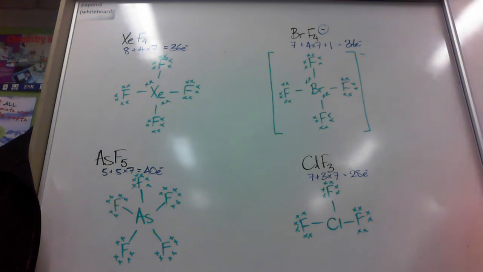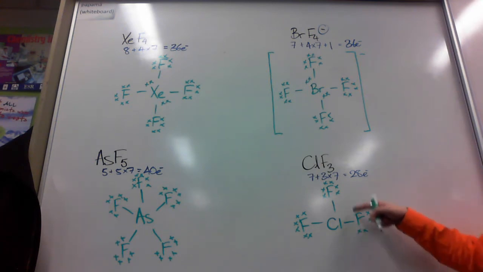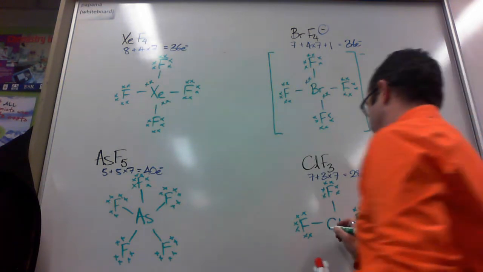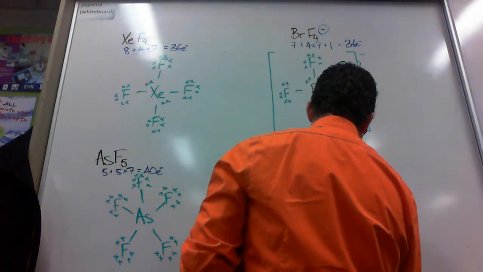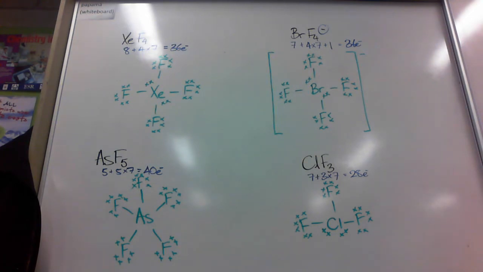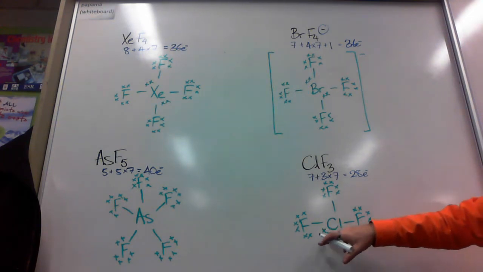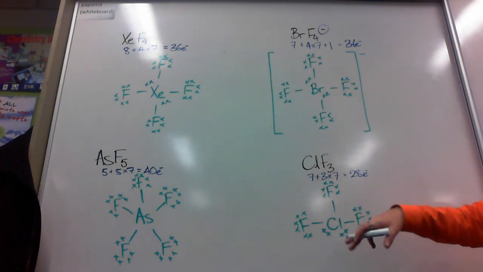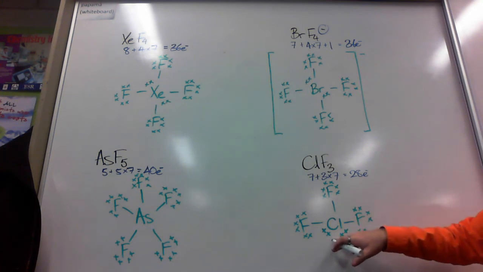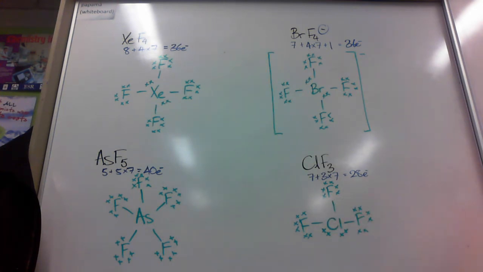So I've got 4 more electrons to put in there. Now, normally I'd get really confused here, but there's only one space. It's got to obey the octet rule. It doesn't. As it's the central atom, I'm allowed to break the octet rule. I'm actually going to put them like that. But it doesn't matter if you put them there and there, whatever. One centrally and one there, it doesn't matter where you put them.